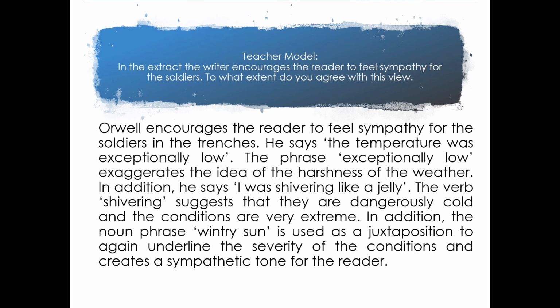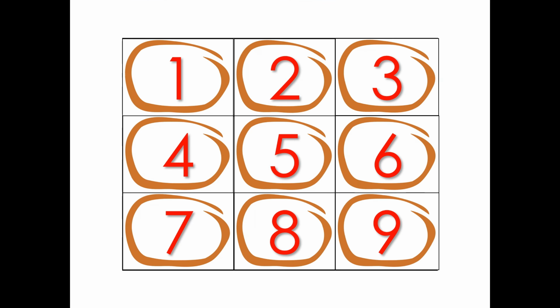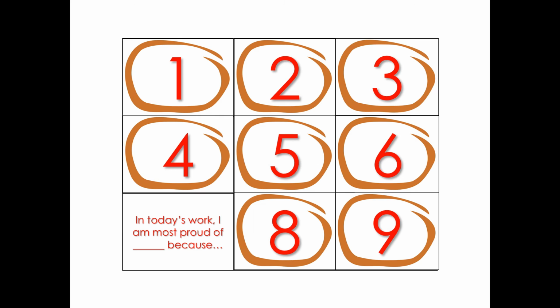You have to give your opinions of what you think the writer is trying to communicate. When you have done that, I'm going to choose a number. I'm going to choose 7 today. And it says, in today's work, I am most proud of because. So I really need you to reflect on how well you have done.